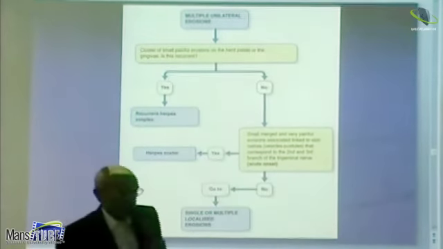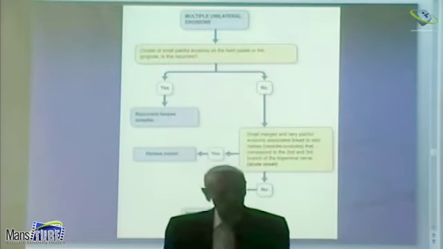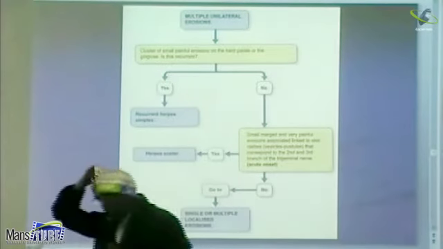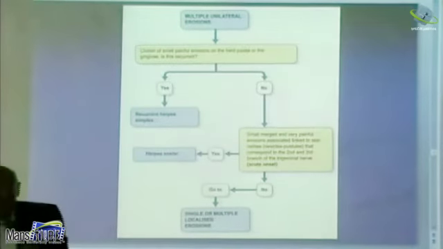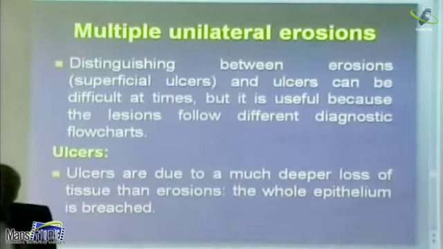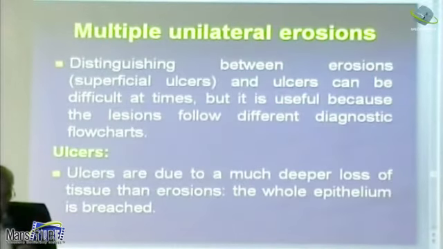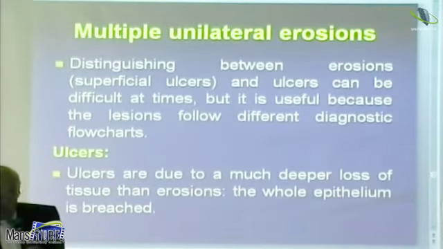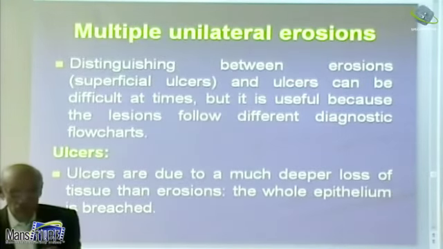This is simply the chart flow system. I'm not going to continue more on that, but it's a way of thinking, more or less a logarithmic process. We need plenty of information. Here we are talking about ulcers, which are due to much deeper loss of tissue, including loss of connective tissue.